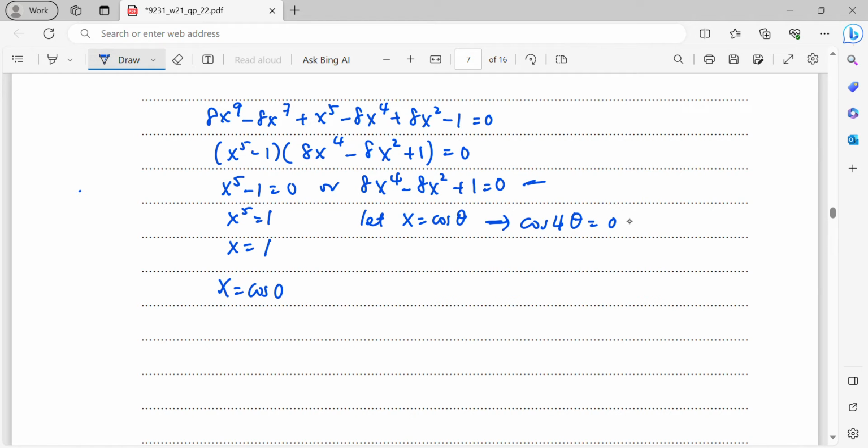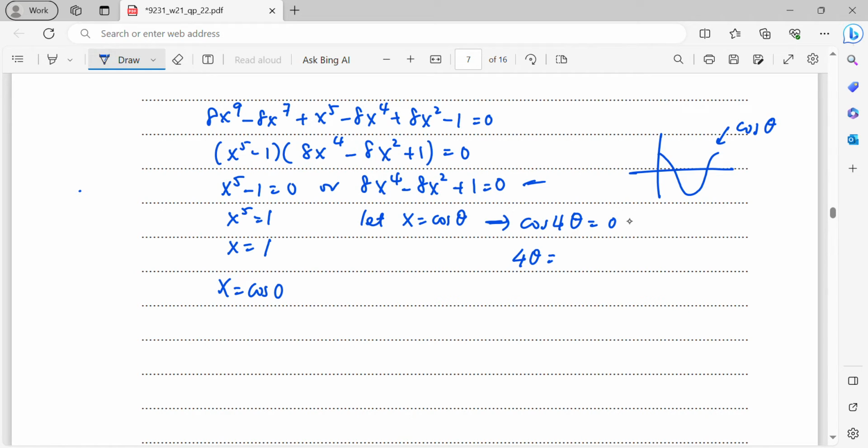So when cos 4 theta equals to 0, my 4 theta is going to be, when you refer to the cos graph, let's say I refer to the cos graph. This is cos 1 theta.